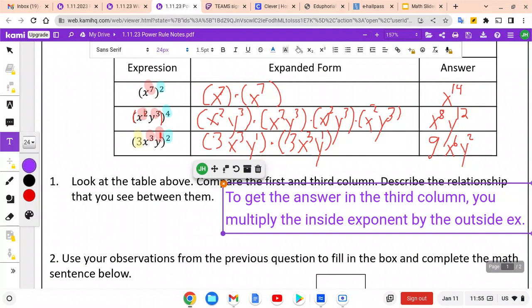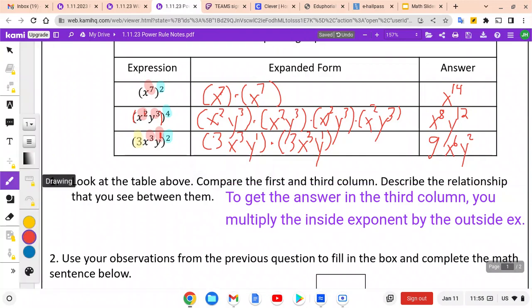So going back up to this first row, what's 7 times 2? Oh, yeah, it's 14. What's 2 times 4? It's 8. 3 times 4 is 12. Do you see? The pattern is you multiply the inner exponent inside the parentheses times the outside.